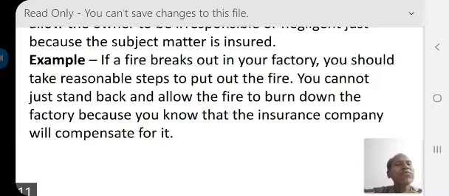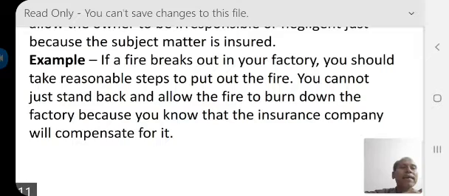If any incidents, accidents or fires happen, you know that the amount will be paid by the insurance company.